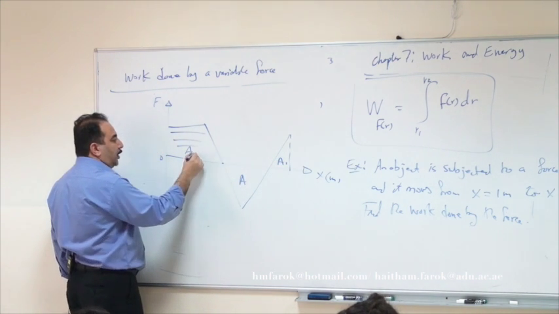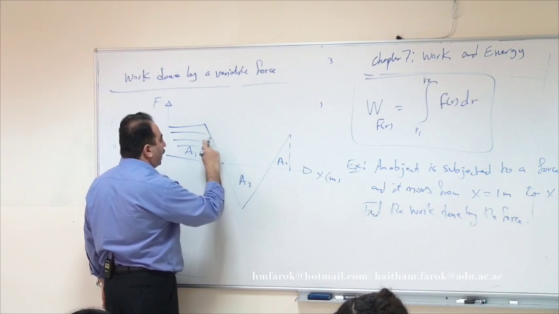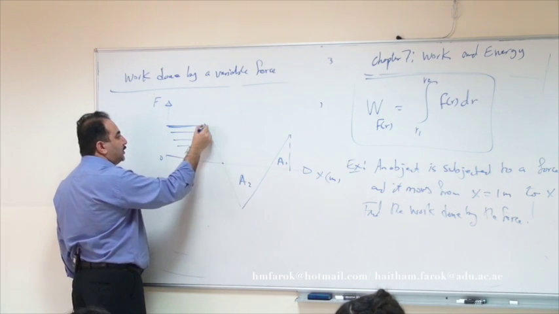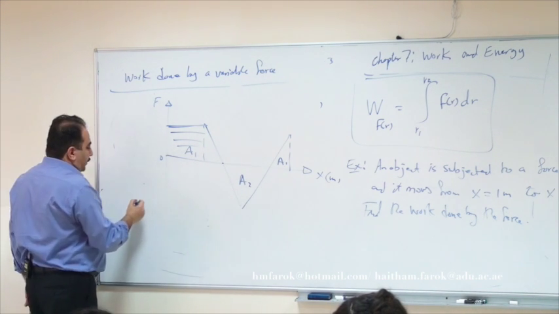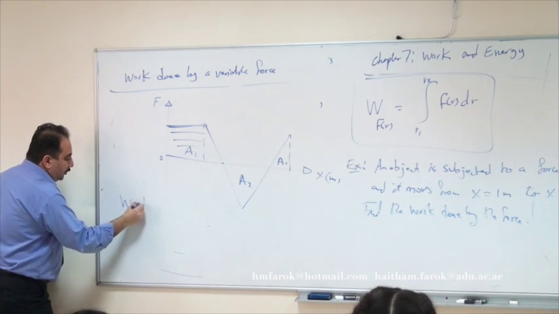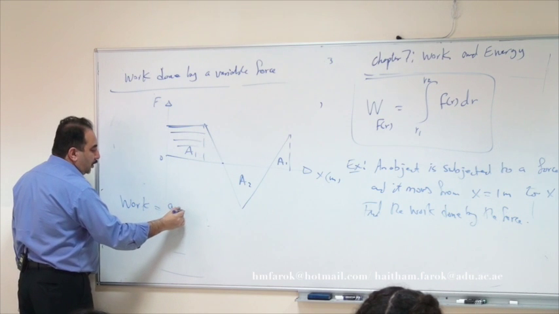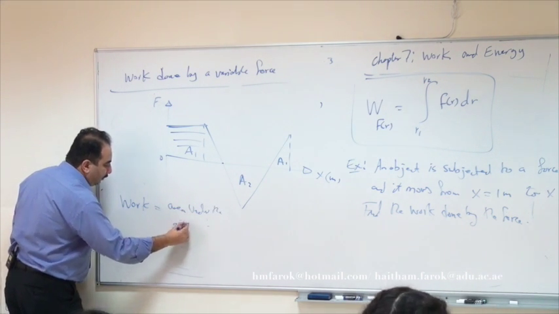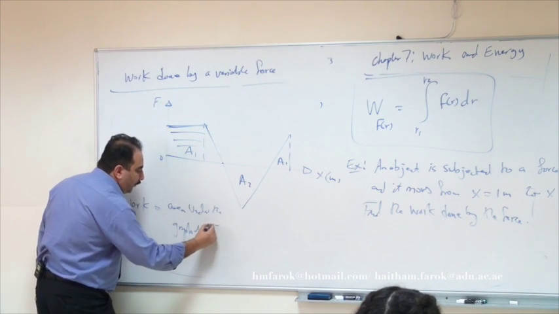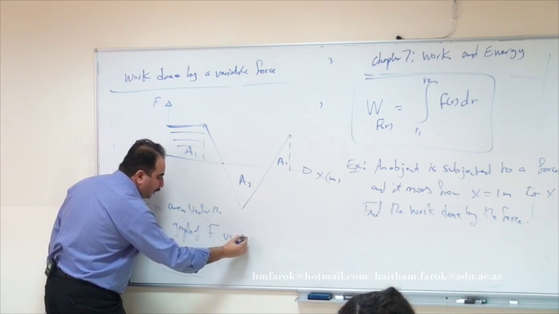If you want the total area, 1, 2, 3. Of course, this area, either you're thinking of it as a trapezoid or you can divide it into 2. So what we say here, work equals the area under the graph of force versus position.